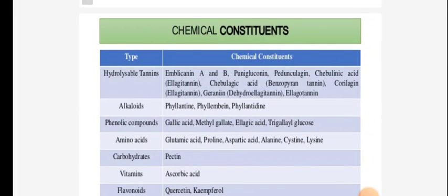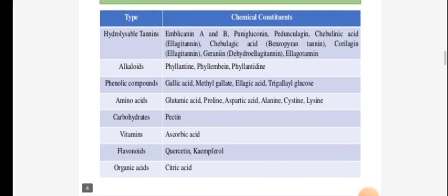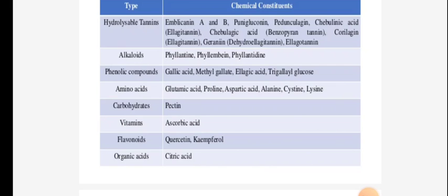The chemical constituents in the fruits are hydrolyzable tannins, emblicanin A, B, then chebulic acid and others. Alkaloids like phyllantidine, phyllantine. Phenolic compounds like gallic acid, methyl gallate, ellagic acid.